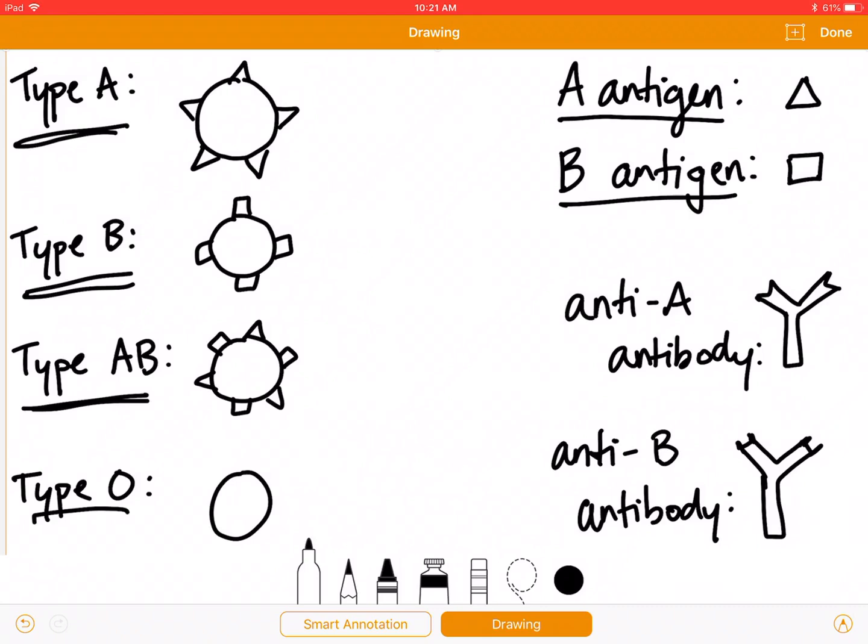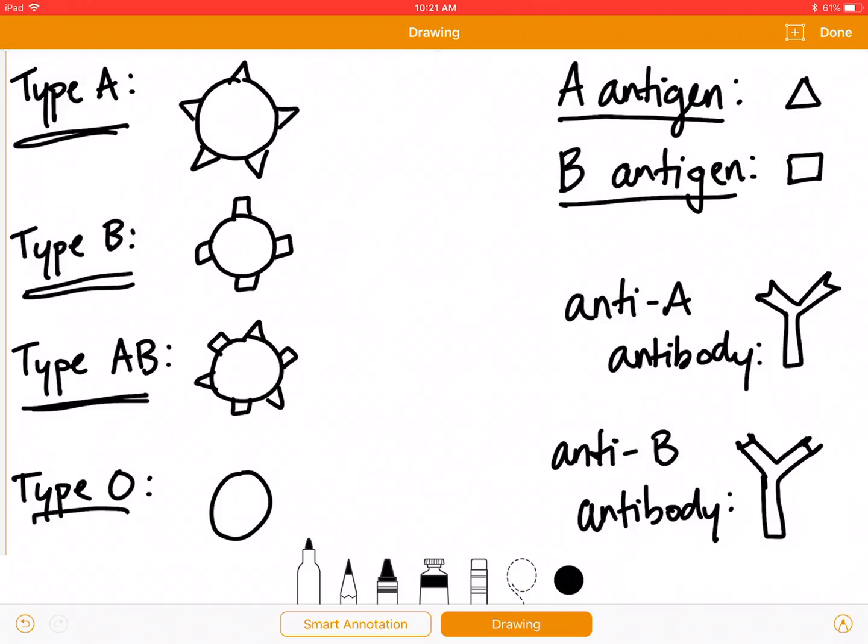So if you don't have B antigens on your red blood cells, then your body's going to recognize those as being foreign, okay? So it's going to produce antibodies, which are proteins that help kind of bind to antigens and let your body recognize them. Type A blood will have anti-B antibodies, okay, that will recognize the B antigen as being foreign.